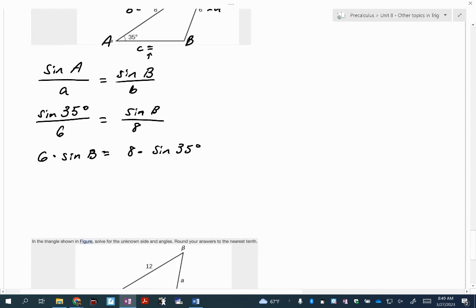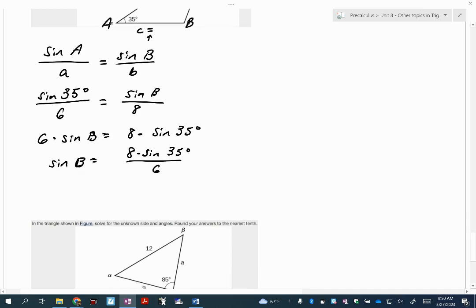All right, so I'm going to divide and get 8 times the sine of 35 degrees over 6. But watch this, guys. You'll notice that now I'm trying to find this capital letter B, which is an angle. So to find angle B in the calculator, I do sine to the negative first power of 8 times the sine of 35 degrees over 6. So I'm actually going to tell it to go backwards to find that angle B.